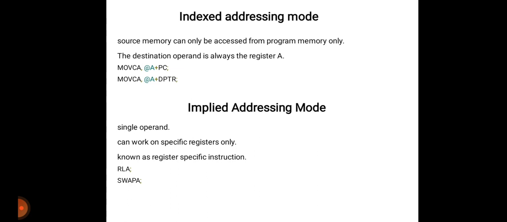The first one rotates the contents of the A register to the left, and the second, the swap instruction, swaps the nibbles in the A register. So these are the addressing modes in the 8051 microcontroller.